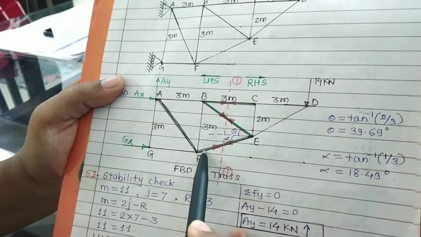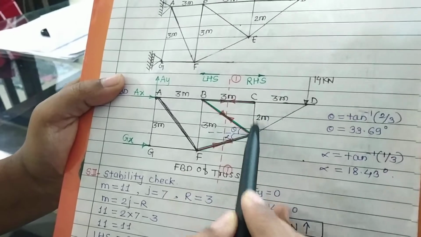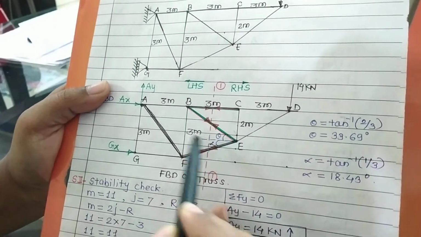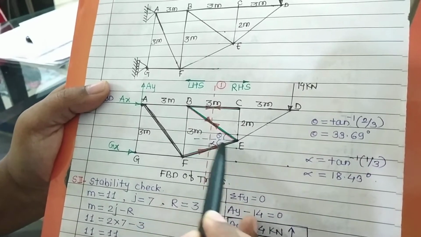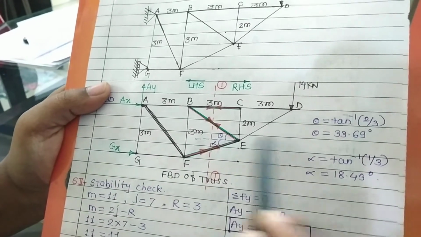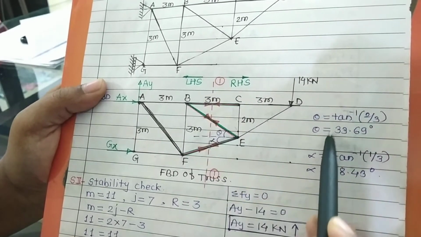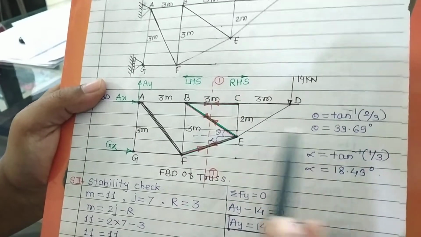The dimensions of the truss are given: the height is 2, the base is 3. I can solve this triangle using tan theta equals opposite upon adjacent. With this, theta becomes equal to 33.69 degrees.